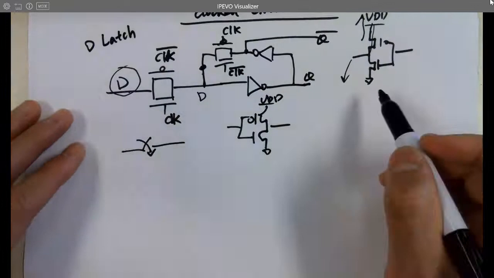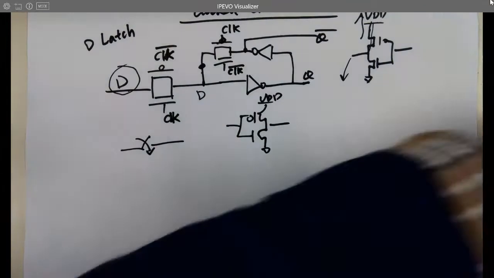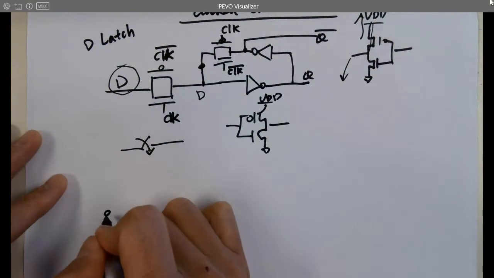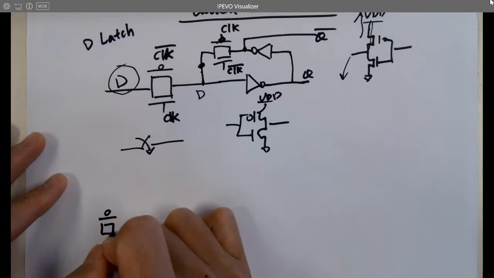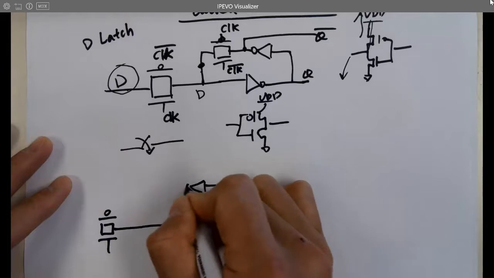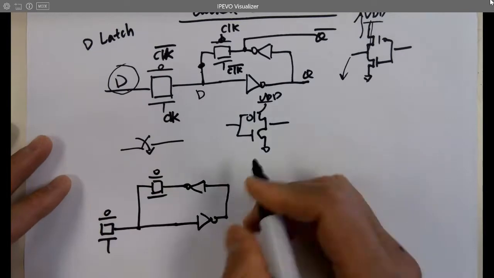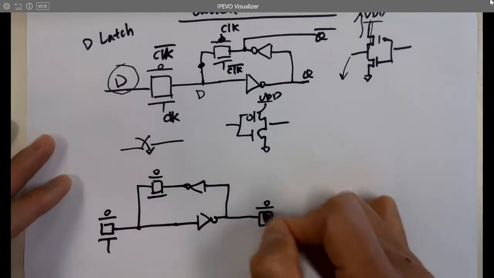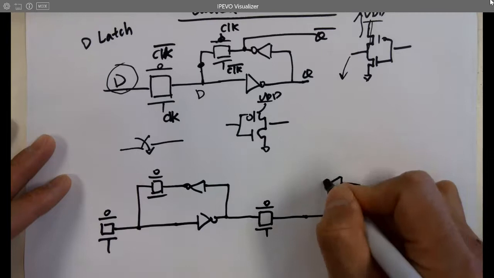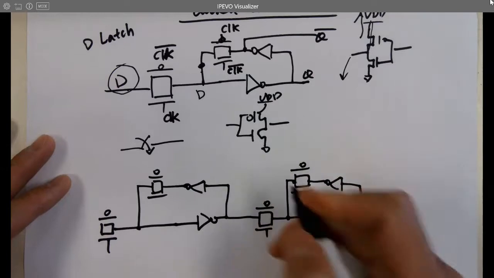And you can form a D flip-flop by using another one of it, just adding 2 here. Yeah, just duplicate it.